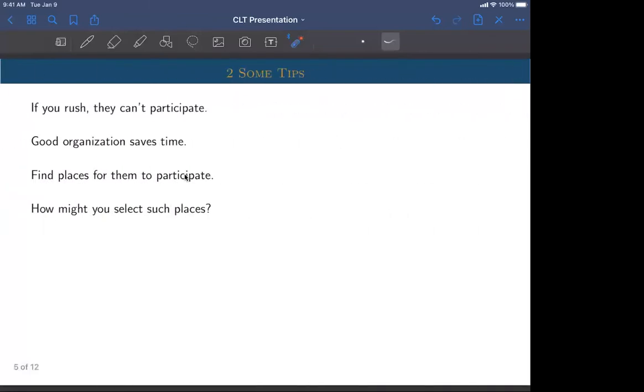So, if you rush through, your students won't be able to participate. Good organization really does save time, and it allows you to give a platform for your students to participate. After presenting a definition, you might give an example, and maybe ask your students to provide another example, or get their opinion about a passage that you're presenting.